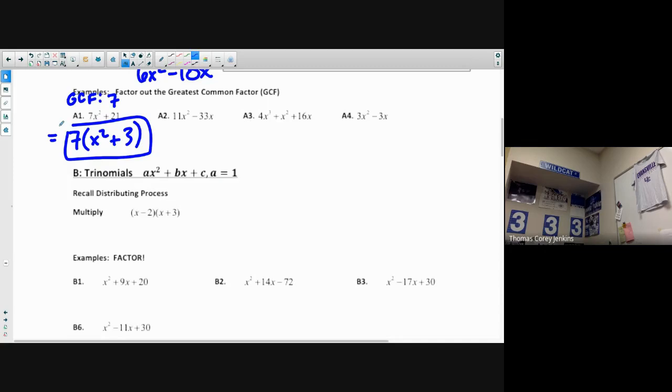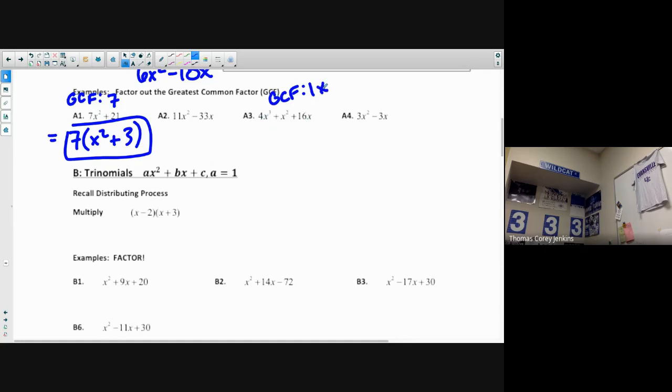All right, so I will leave A2 and maybe A4 for you. Let's look at A3. On this one, looking at all my constant values, 4, 1, and 16, the GCF of those is just 1. And then my lowest power of x is what I want, so that'd be x.